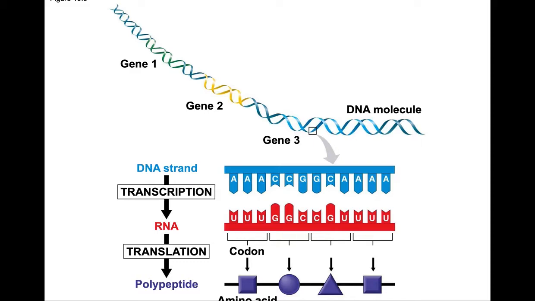If we look at the neighboring one, the DNA was CCG, the RNA it relates with is GGC, and that translates to a circle in terms of its amino acid. Remember, there are 20 known different kinds of amino acids, all accounted for this way. All right, next slide.